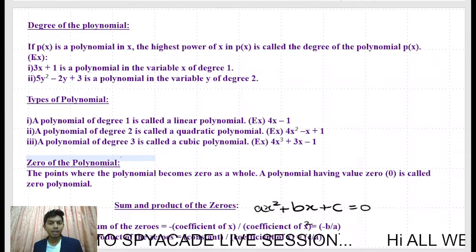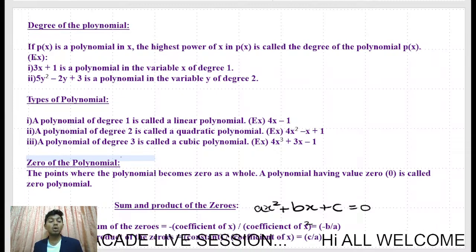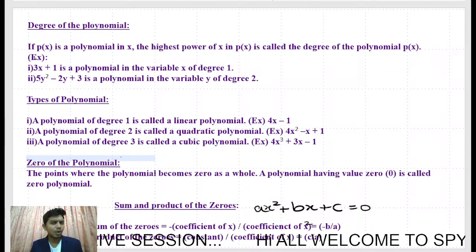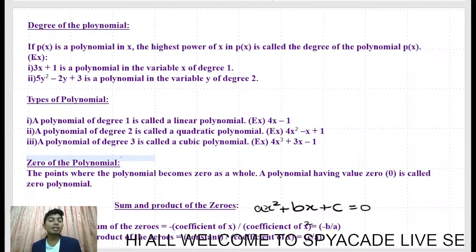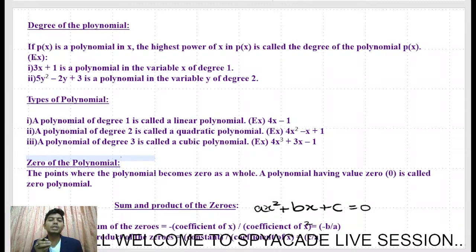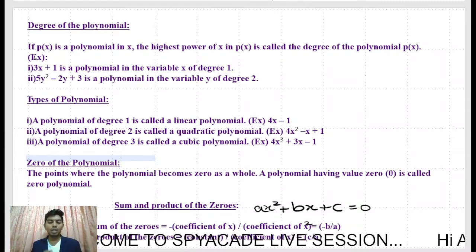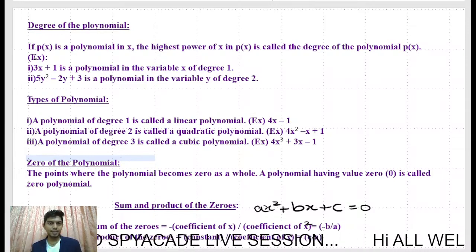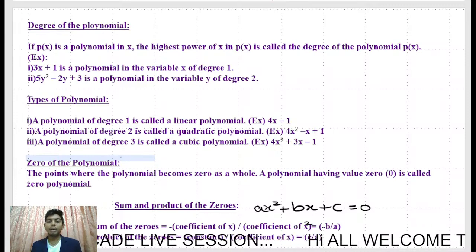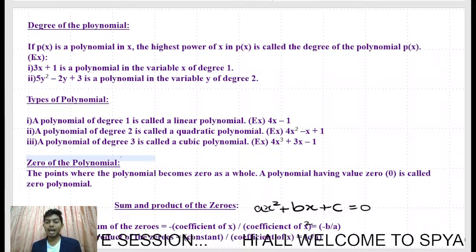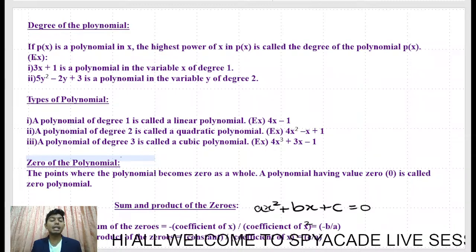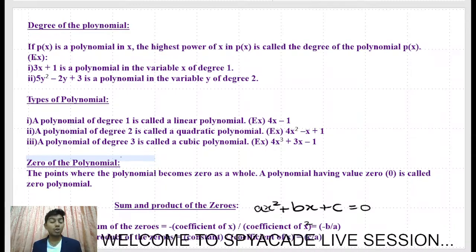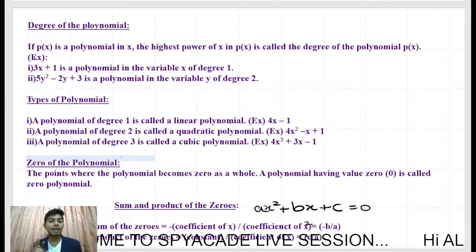And the next one, product of the zeros is equal to the constant term divided by the coefficient of x square. What is meant by constant term? Constant term is nothing but the term without any variable. Here you can see there are 3 terms: ax square is one term, bx is another term, and c is the third term. Here c does not contain any variable, it's just a number.